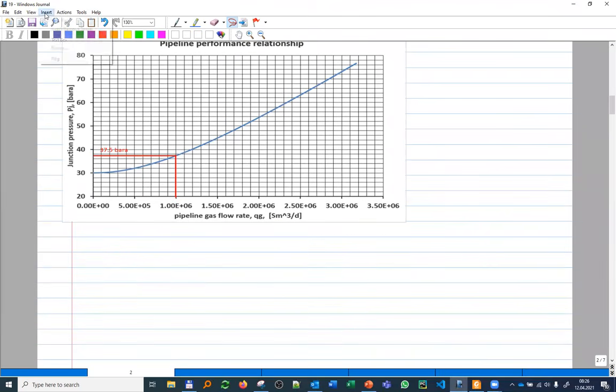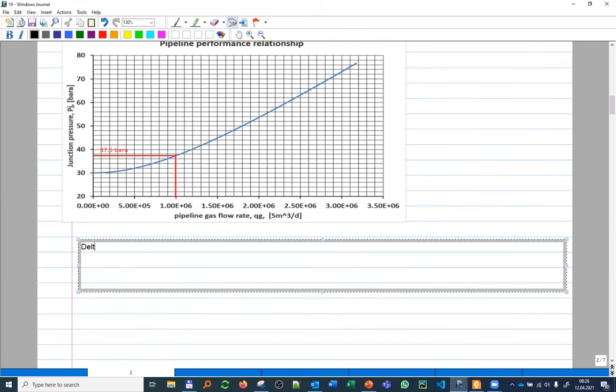Okay, so then I can just calculate and say that the delta P of choke 1 will be 119 minus 37.5. And the delta P of choke 2 will be 113 minus 37.5.